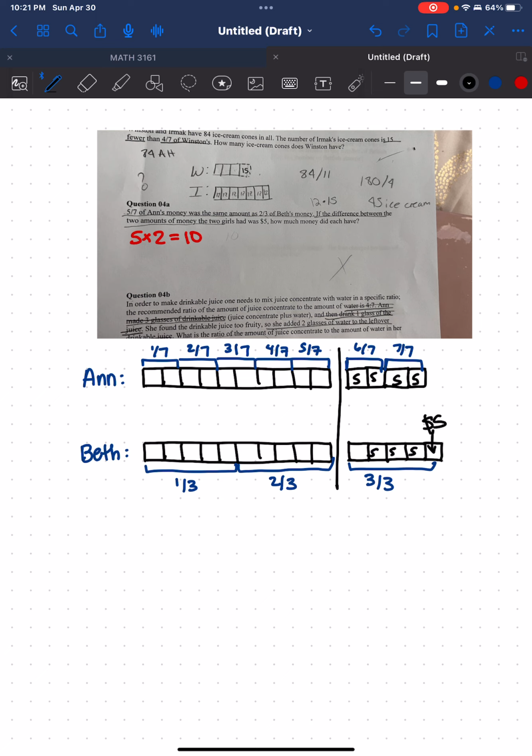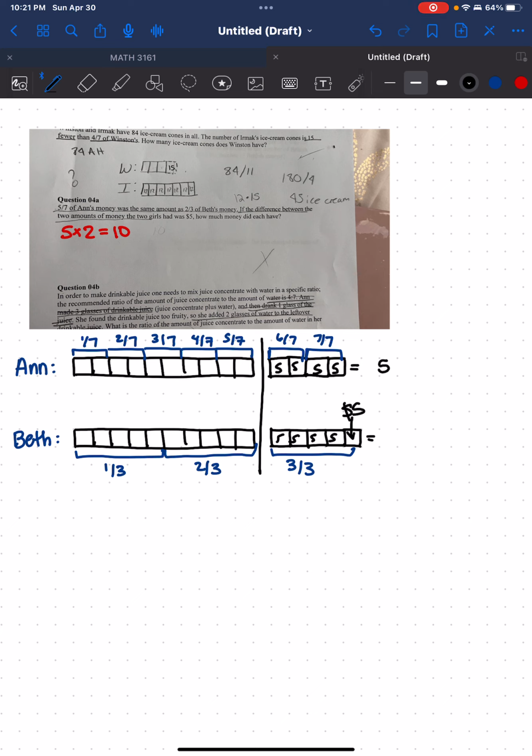Then after that, I put an equal sign on the sides, and I do $5 times the total amount of boxes that they have, what we drew out right here. So this was 10, this is 4, 10 plus 4 equals 14. And then this was 10, this is 5, so that means 15, so it'd be 5 times 15.